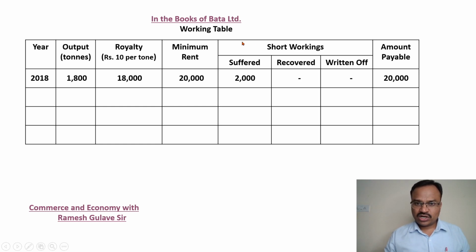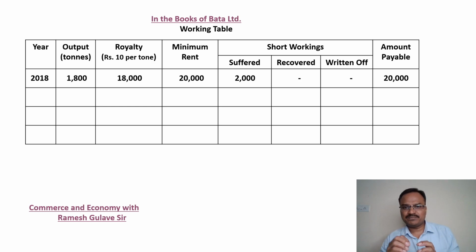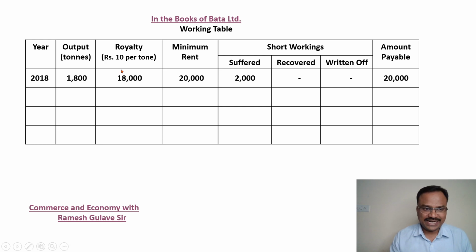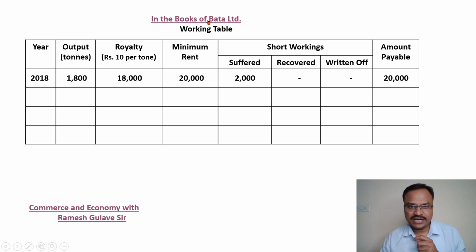See, short workings arise only when the amount of royalty is less than minimum rent, right? I hope now the concept of short working is clear, and the numbers for 2018 in this particular question are also clear, right? Now let us take the information for next year.